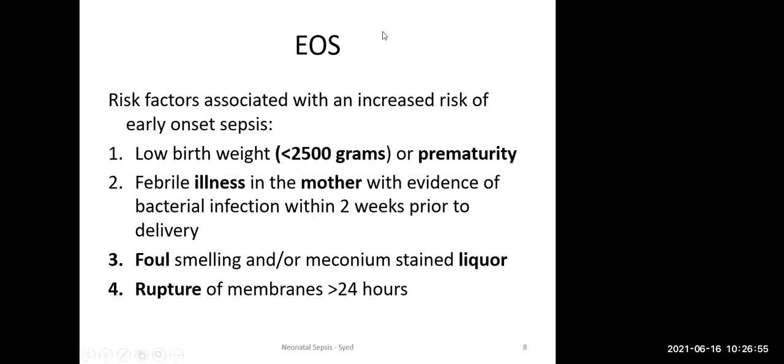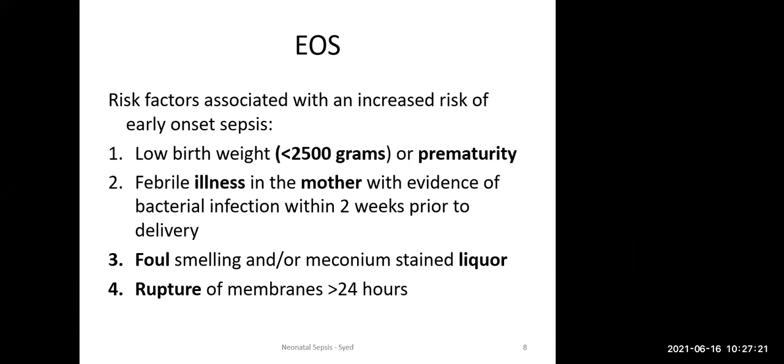So the risk factors are low birth weight and febrile illness or sepsis in the mother. In general, the most important risk factors are the mother's risk factors. So in managing sepsis, the most important step is to prevent sepsis. Once the sepsis sets in, you have to treat, and complications are high.